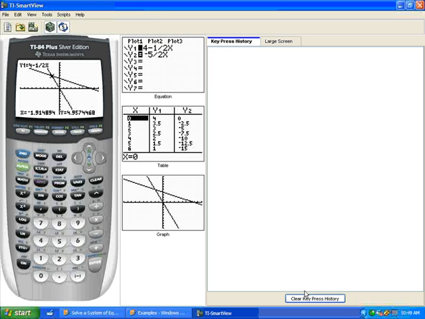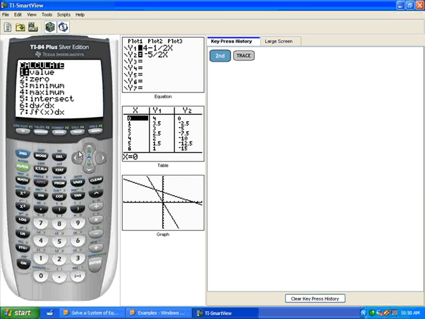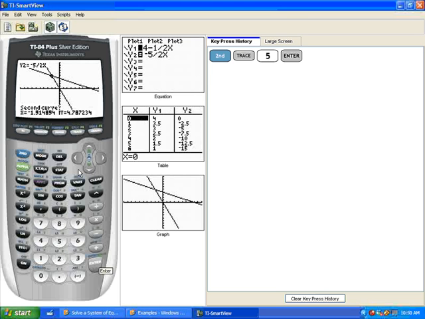So let's see if that's correct. We'll go to the calculate menu, go to intersect, first curve, 4 minus 1/2 x, that was it. Hit enter. Second curve, negative 5 halves x, that was it. Hit enter. Guess. I've moved over, I've pointed at it, hit enter. It says the solution is negative 2, 5.